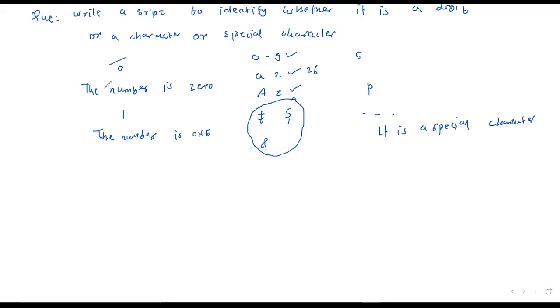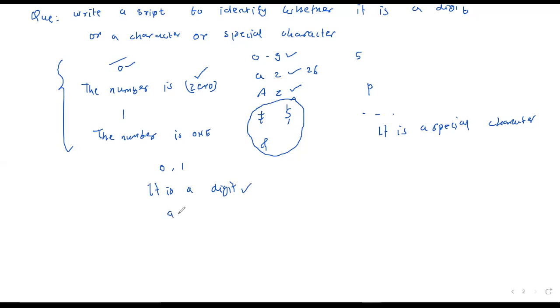Now in the last script, we were entering a digit and the action was to write the number in words. So for 0, 1, 2, obviously every digit has a different spelling, so you have to write it nine times. But here, for 0 to 9, if we enter 0, the action is: it is a digit. If we enter 1, the action is the same.